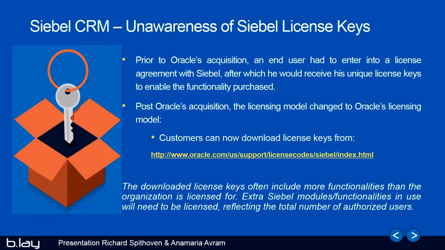It was aligned with Oracle's licensing model, which allows the customer to download by themselves the license keys they want from the website you can see now on the slide. Usually, the downloaded license keys include more functionalities than the organization is licensed for. And that's why this can cause large non-compliance issues.